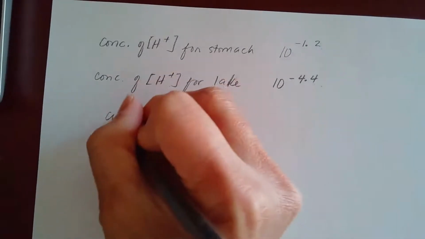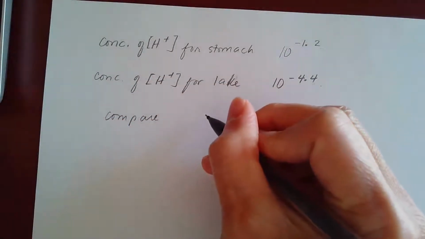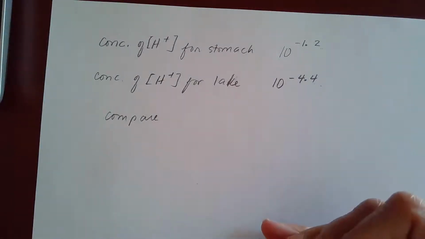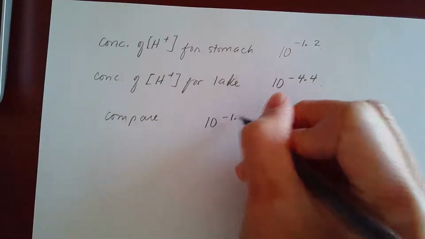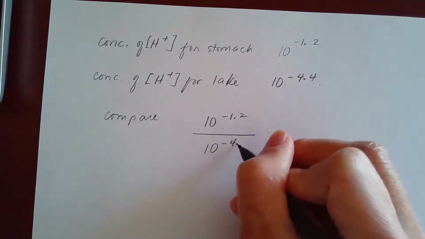When we compare, we ask how much is the concentration of the stomach to the concentration in the lake. Stomach would be 10 to the negative 1.2 divided by 10 to the negative 4.4.